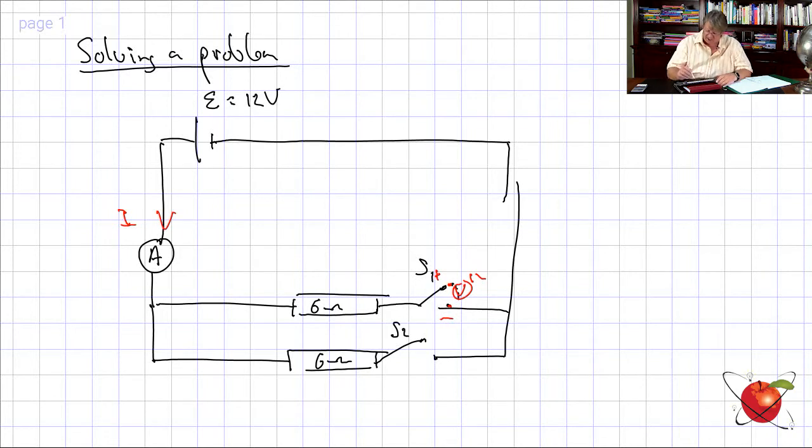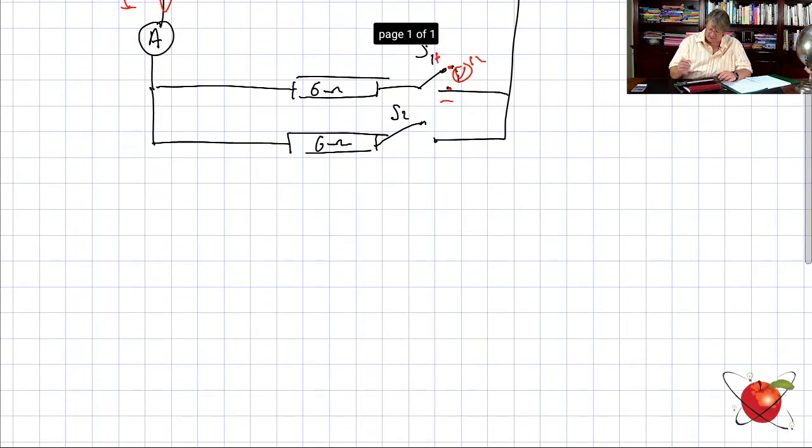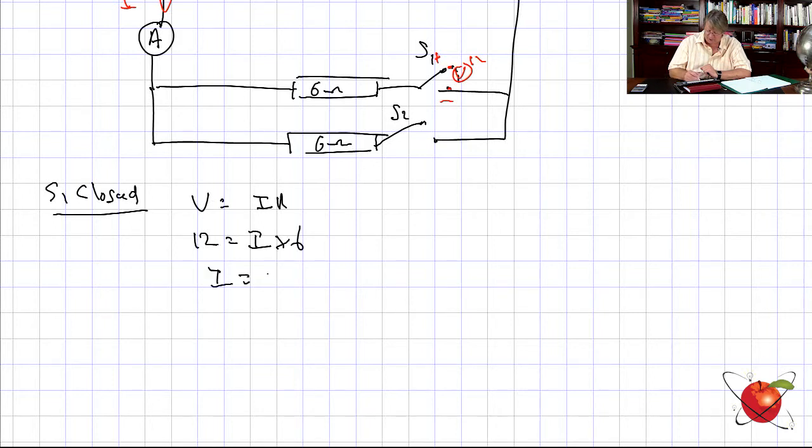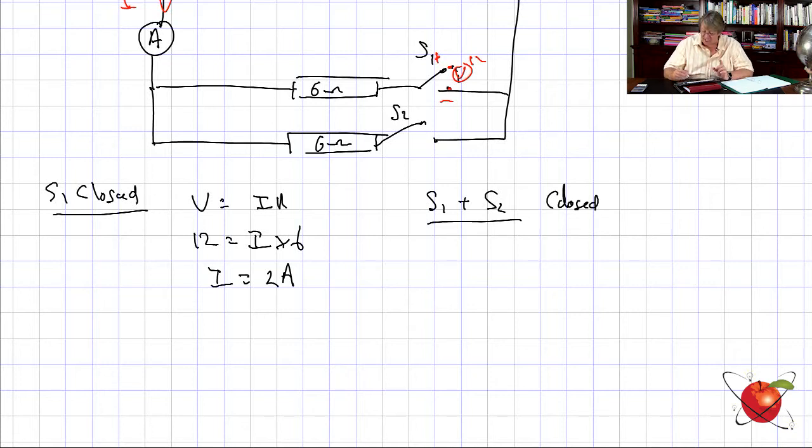Let us look at the 2 scenarios. Scenario 1 is S1 closed. Therefore V is equal to IR, 12 is equal to I times 6, so I is equal to 2 amps. Now S1 and S2 are both closed. Now I have parallel resistors, so we must first find the equivalent resistor in the middle over here.